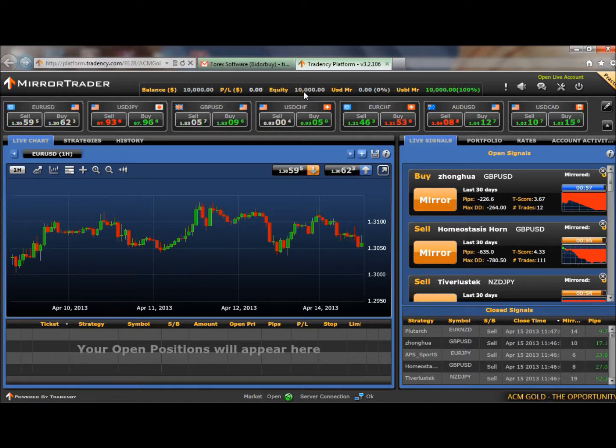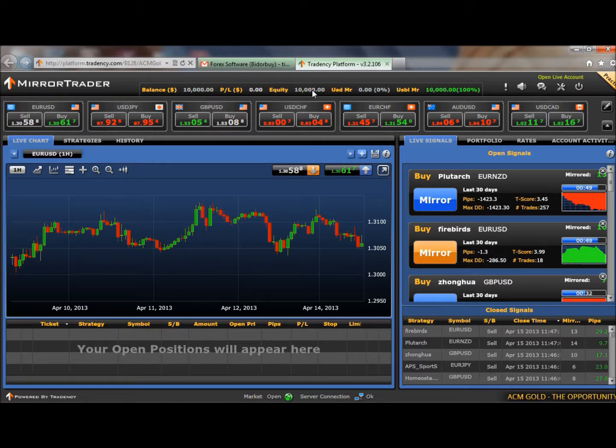Next to that, we have the equity. The equity is probably the most important thing because it is your real-time balance. Your equity is your balance plus your profit loss. So if you have an open trade of, let's say, minus $200, it will be your balance, which is $10,000 minus $200, so it'll be $9,800 will be your equity.